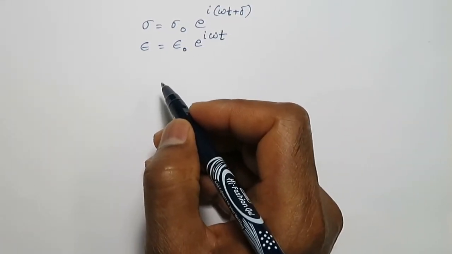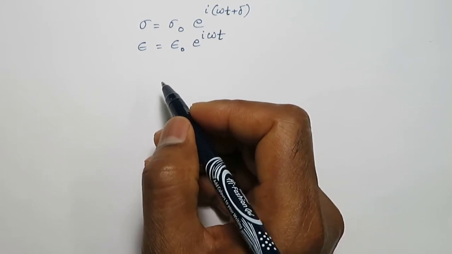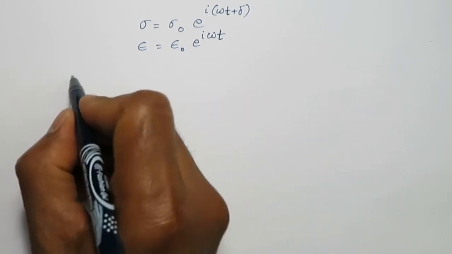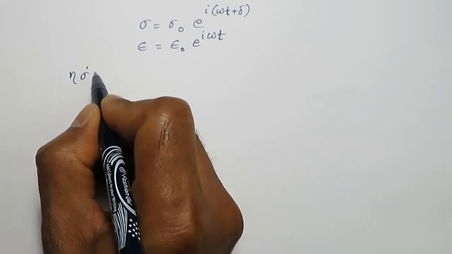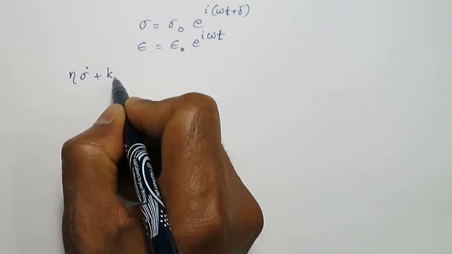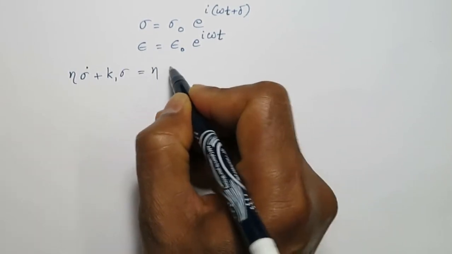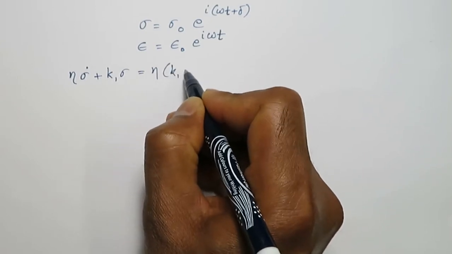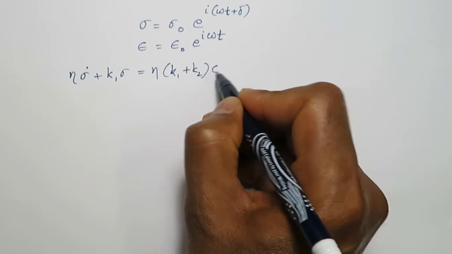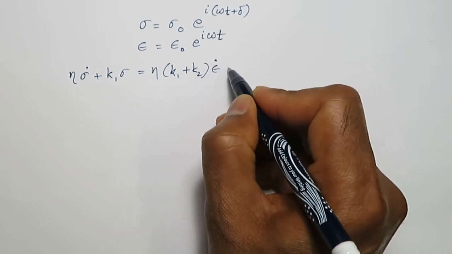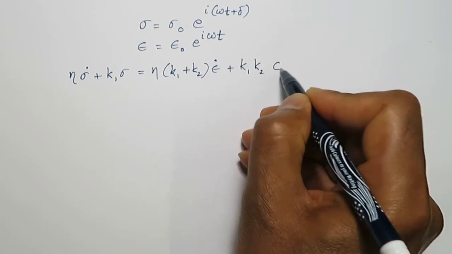Now the governing equation for the standard linear solid model is eta sigma dot plus k1 sigma equal to eta (k1 plus k2) epsilon dot plus k1 k2 epsilon.